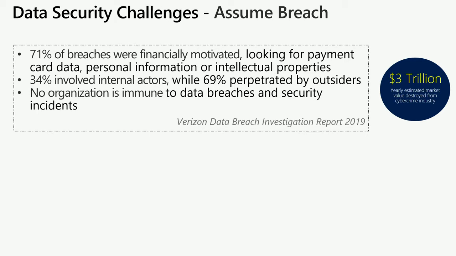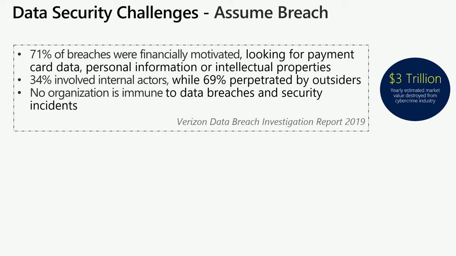So Verizon put out a data breach investigation report. They did the updated 2019 version of it. Some interesting stats here. 71% of the data breaches were financially motivated, people looking for credit card information, social security numbers, or even intellectual property, trying to steal trade secrets, things like that, internal information.